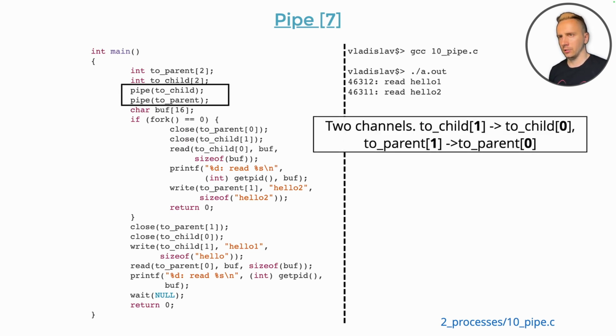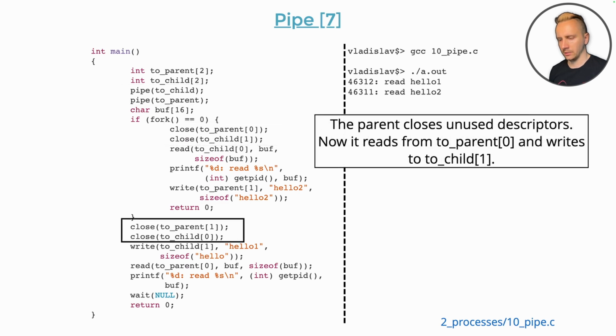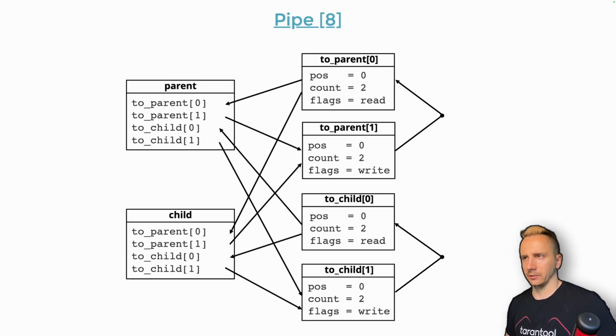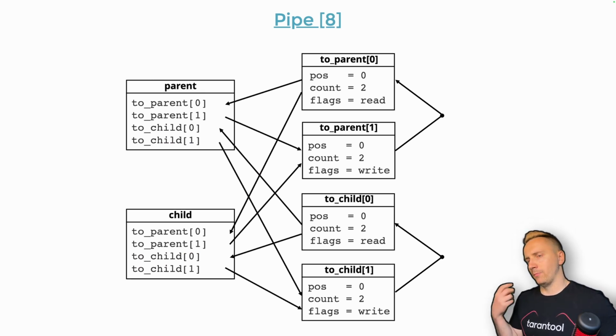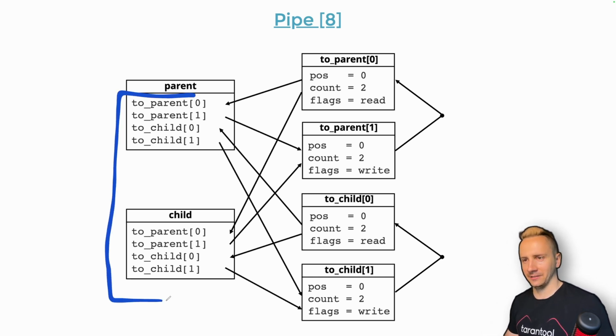And I just needed 2 channels for that, and I needed to close the unused channels absolutely, otherwise there will be problems. This is how it would look like schematically. Like when you did 2 pipes and created fork, this is how many references you will have. You will have 8 references at 4 file descriptors.